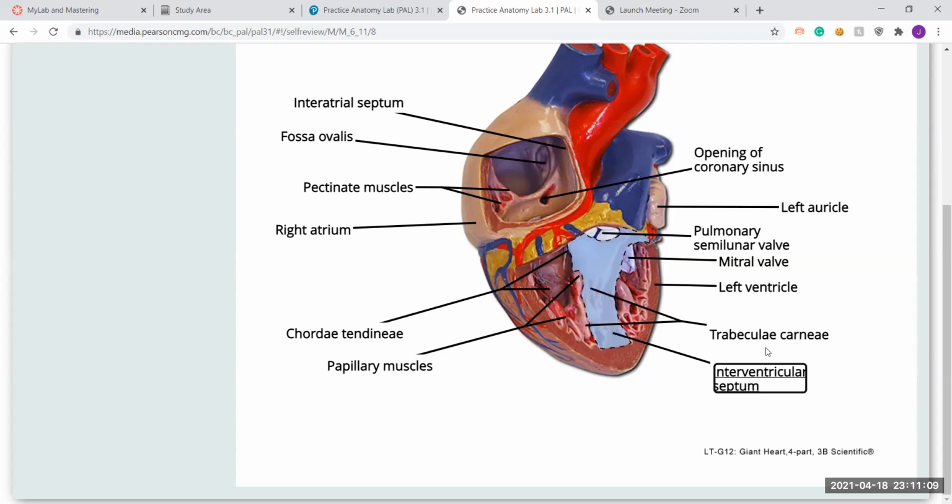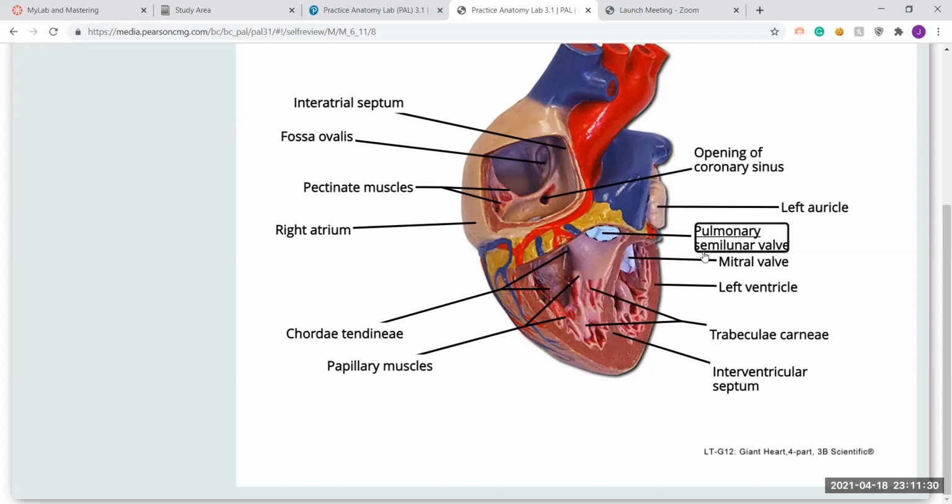Then in the ventricles, there is like infolding of the muscle layer, it is like an irregular surface of the inner surface of the ventricles, and that is called trabeculae carneae.